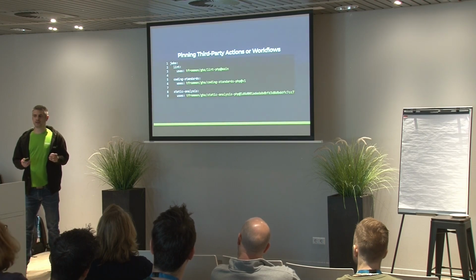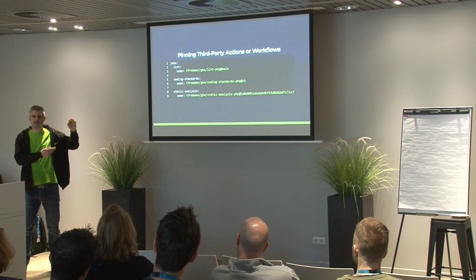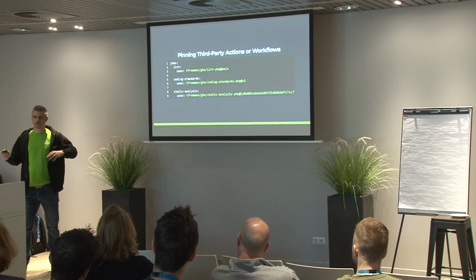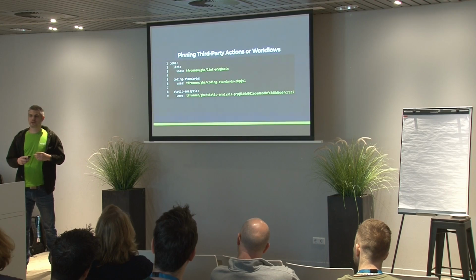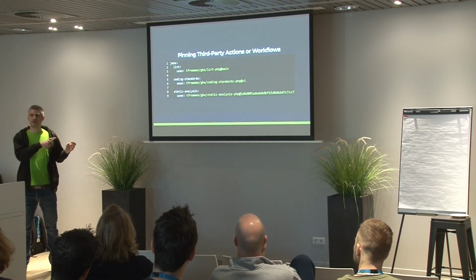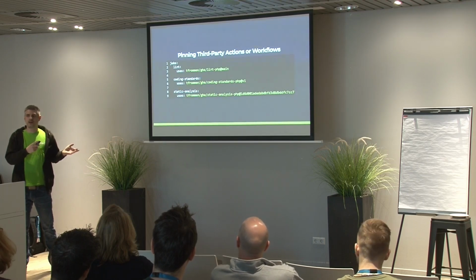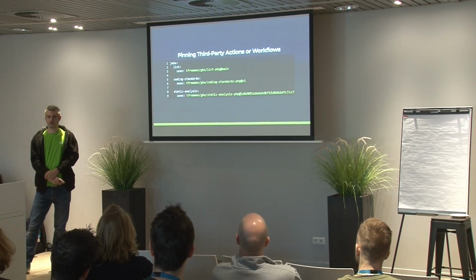So instead of saying, I have one job that is using 3 steps of 3 dependencies, and you have to update all your repositories, all the workflow files, all the hashes, you can say, I have an organization-wide lint workflow. And that's the only place where you have to check, okay, is there an update? Is it safe? Do I want to use that or not? And you could even have multiple versions of your workflow, allowing for third-party version compatibility.